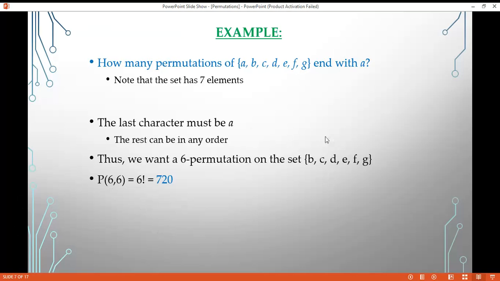So here out of these 6 we choose all, so that is 6 factorial, which is 720. Why do we not take P(7,6)? Because our last character A is fixed, so we do not touch that. Our variation is only from these 6, so we take our permutation from these 6. Clear?